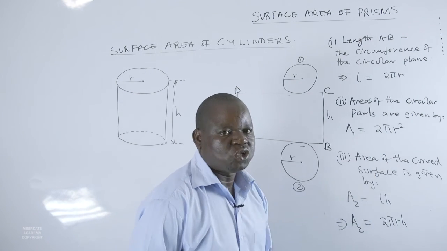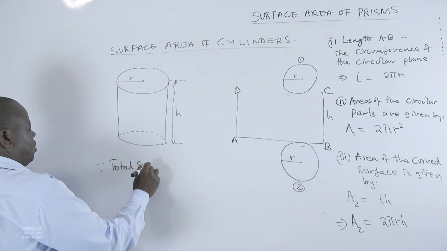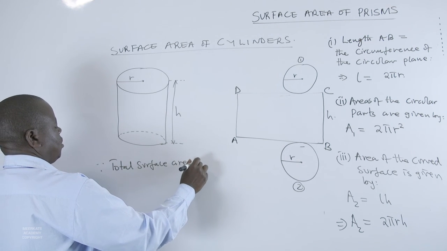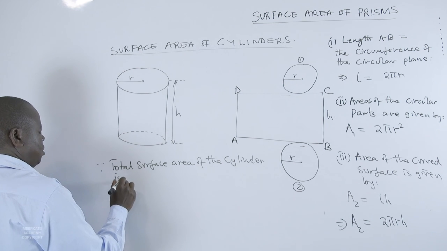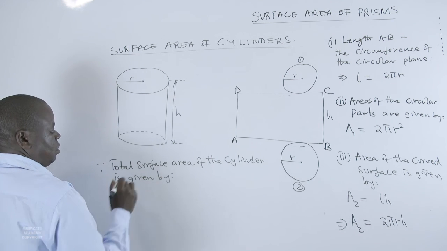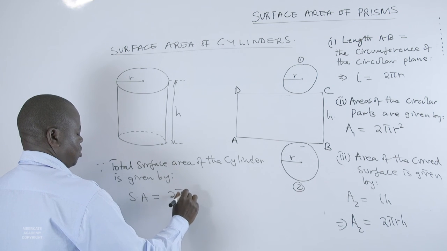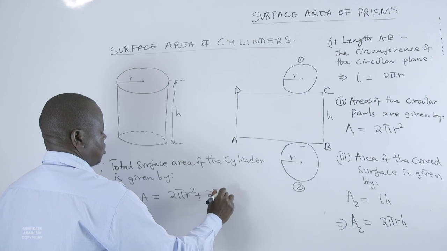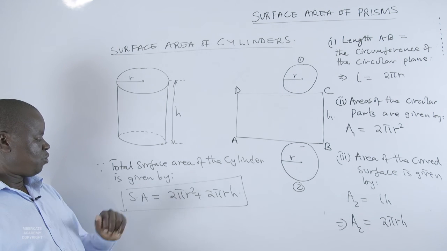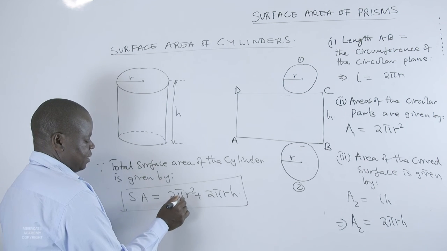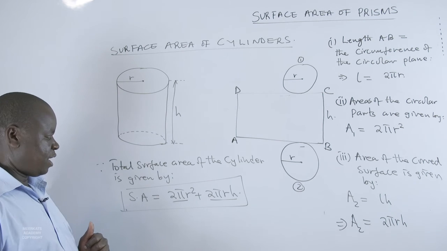So from there we can get the total surface area of the cylinder. We get 2 pi r squared plus 2 pi r h, where the first term is the sum of the area of the top and bottom part, and the second is the area of the curved surface.